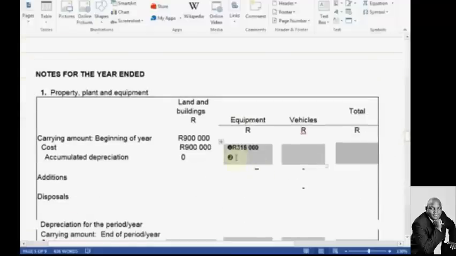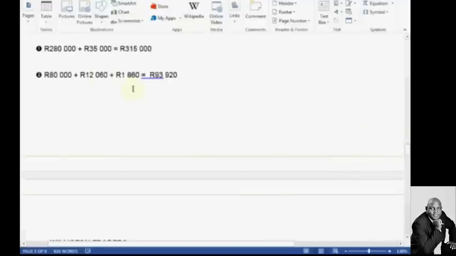I need to plug it in. 93,920. Okay, so far so good. Okay, my mistake. We need to subtract it because it was a depreciation that was accumulated during the year.